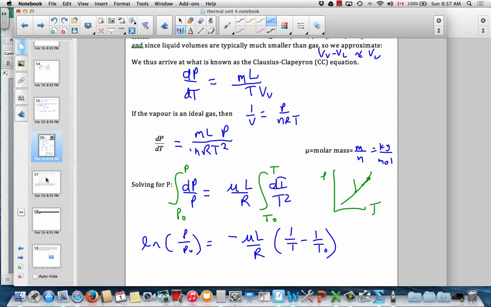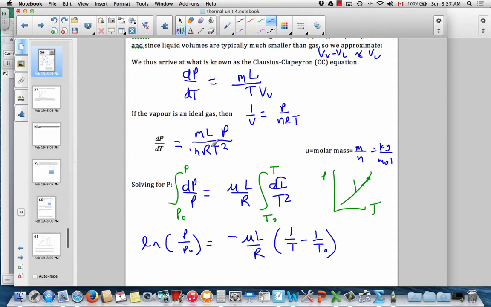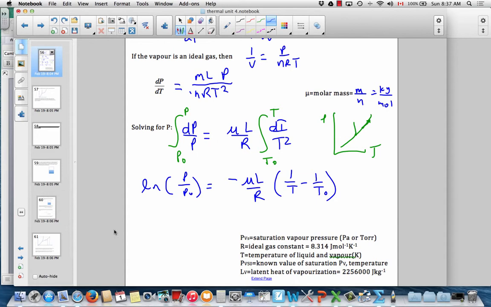Now, we will solve that for pressure. And we get pressure, we're going to add some subscripts in a second, is P naught, and then it's e to the minus mu L over R times (1 over T minus 1 over T naught). Now, T naught and P naught are the reference points.